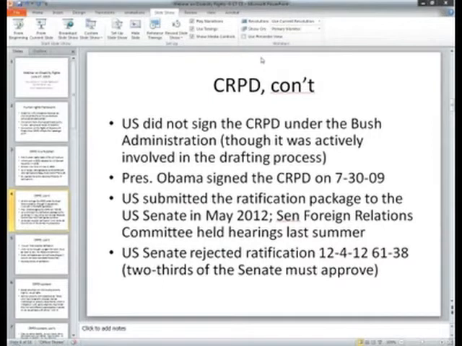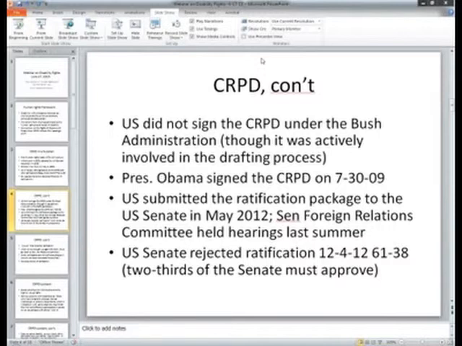Now, as you may know, the United States did not originally sign the CRPD. The CRPD was open for signature toward the end of the Bush administration. The administration took the position at that time that we did not need to sign the CRPD. And there really were two arguments that were made. They were kind of inconsistent with each other. One was that we already comply with the CRPD because we have the ADA, and I'll come back to that a little bit later.